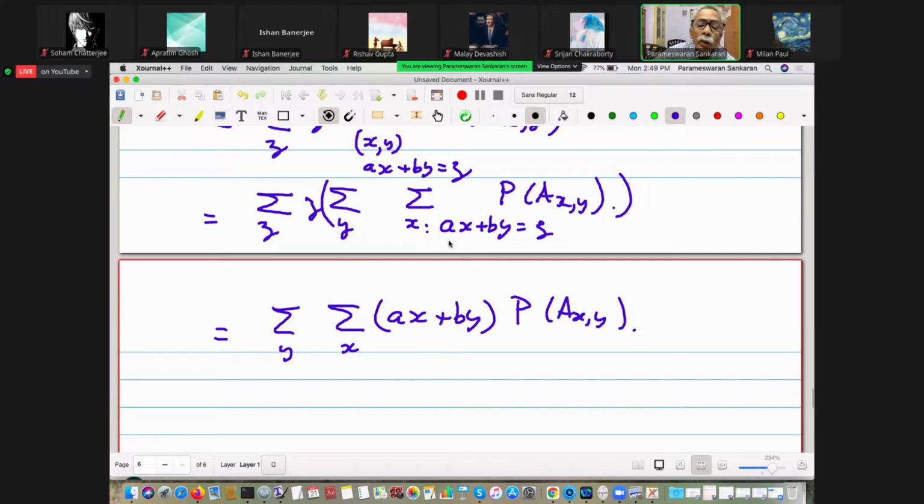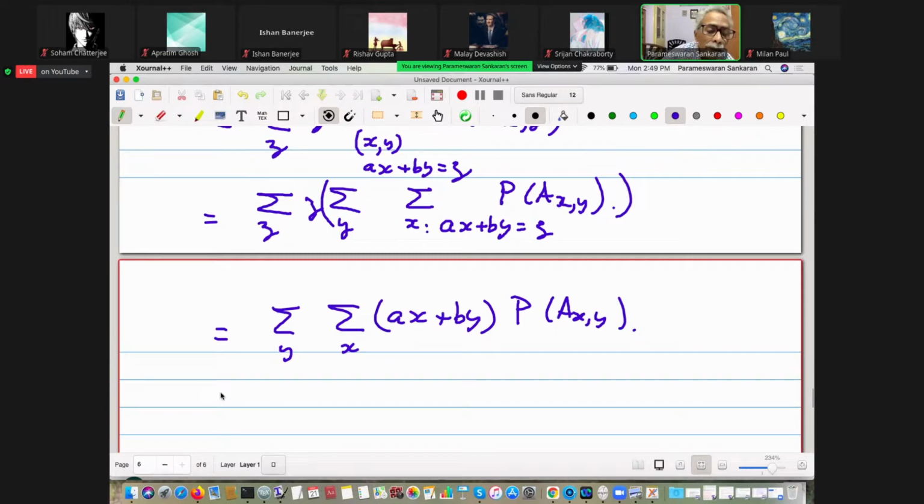You see, you are fixing an arbitrary z and summing over x and y such that ax plus by equals z. That's the same thing as saying just sum over arbitrary x and y, so that z equals ax plus by, and change the order of summation, and z then becomes ax plus by. So that's all it is.